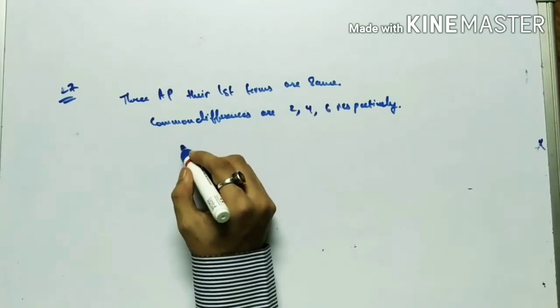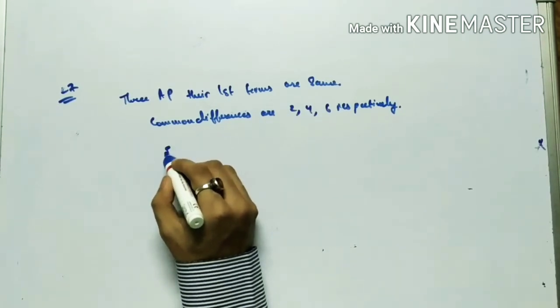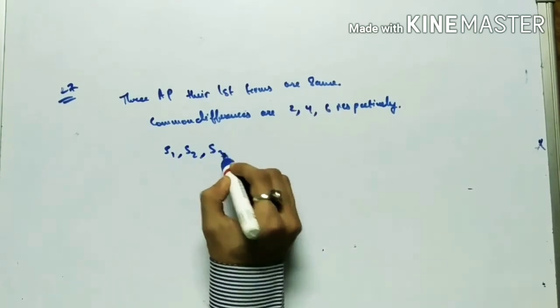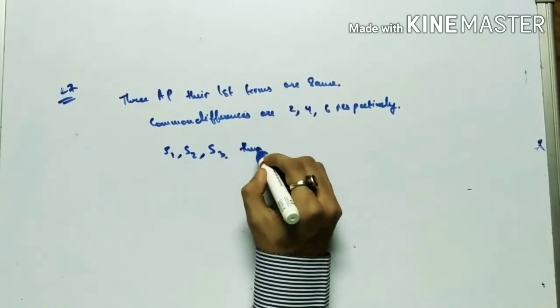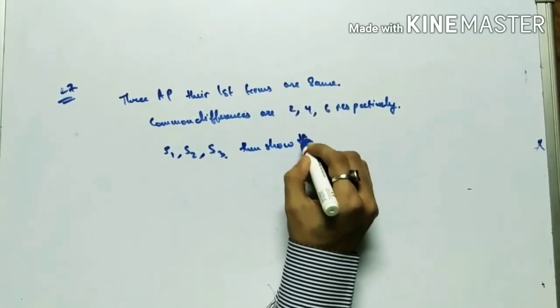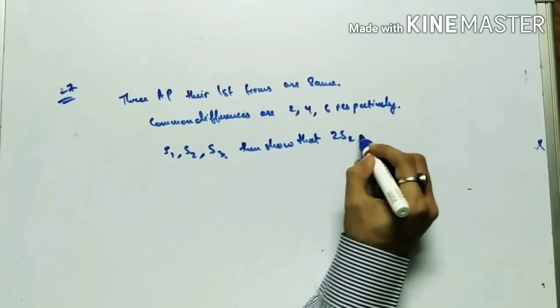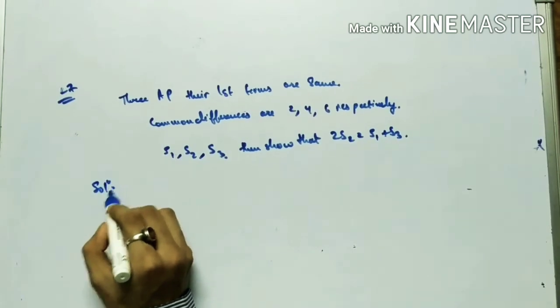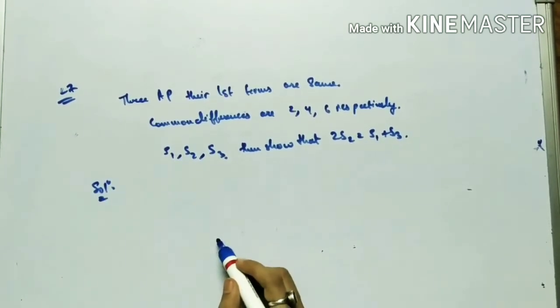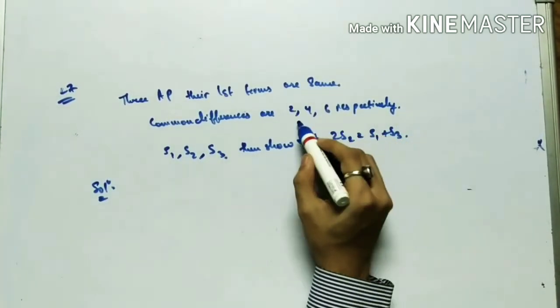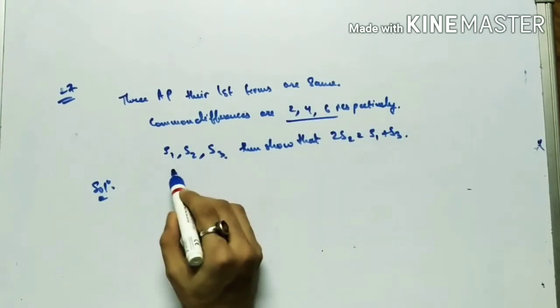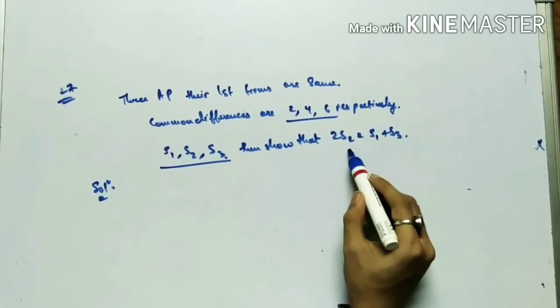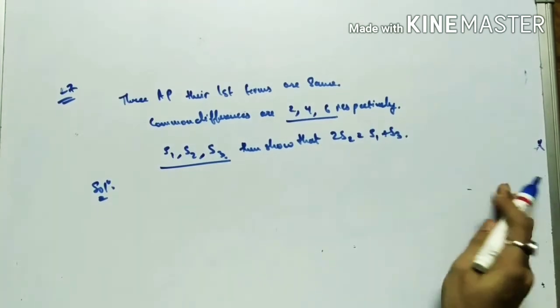If the sums of n terms of each of the series are respectively S1, S2, S3, then I have to show that twice S2 is equal to S1 plus S3. 3 APs, their first terms are the same, common differences are 2, 4, 6 respectively, S1, S2, S3, then show that 2S2 is equal to S1 plus S3.